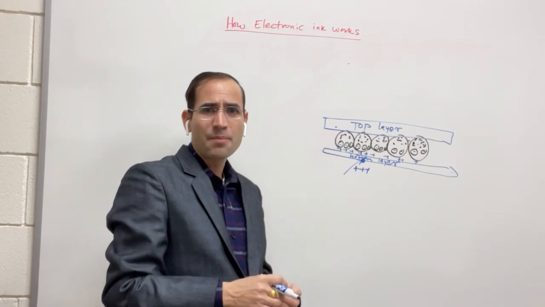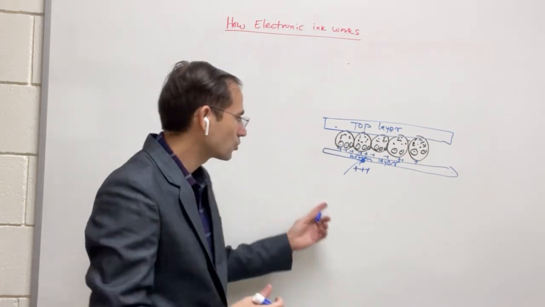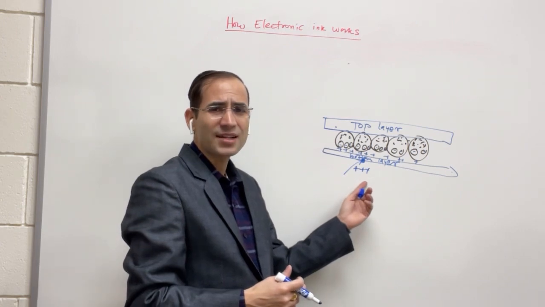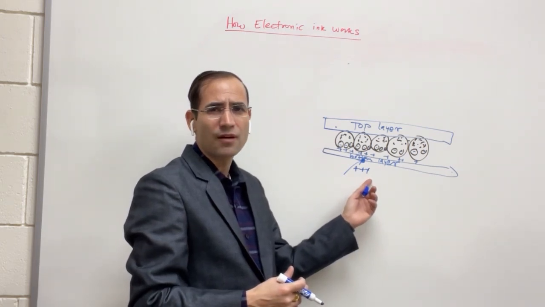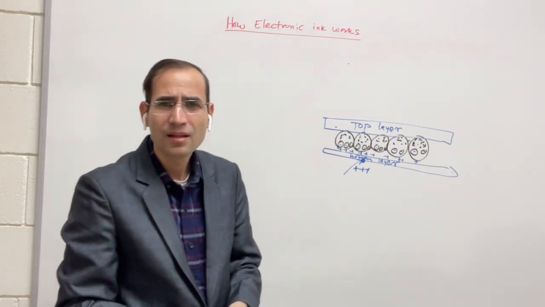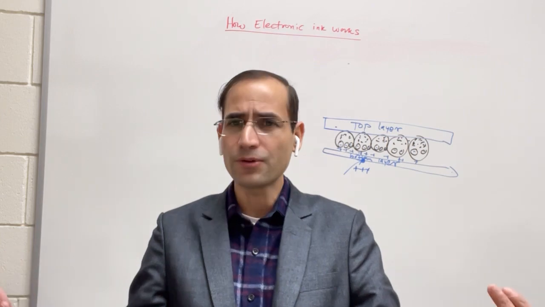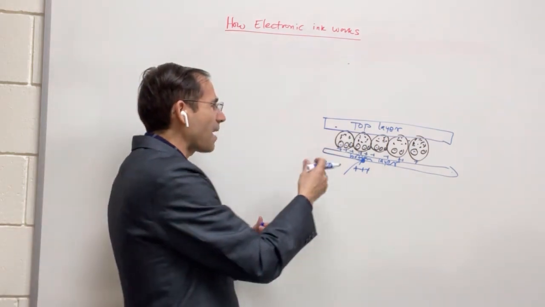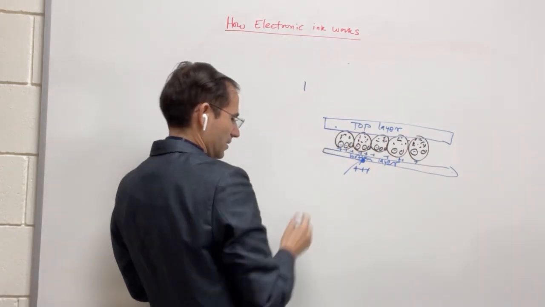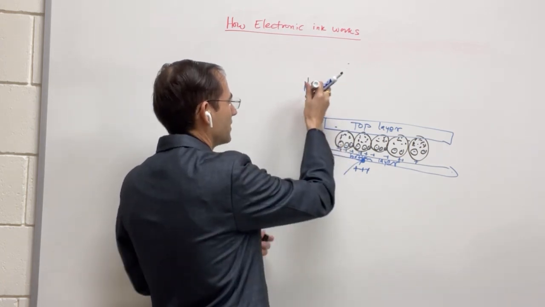Inside, computer chips provide the instructions on which charge needs to be supplied to the base layer, the bottom layer, whether positive or negative, depending on what kind of letters and graphics you are going to produce. You will have patterns of white and dark regions.